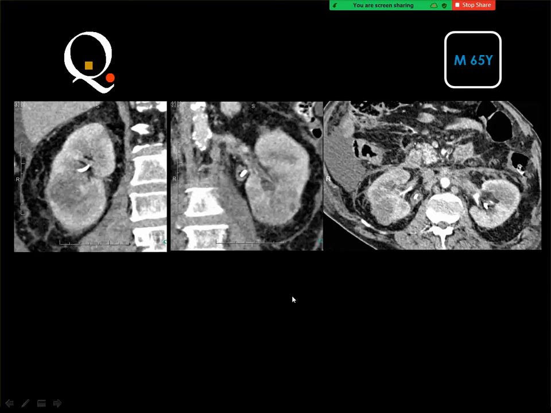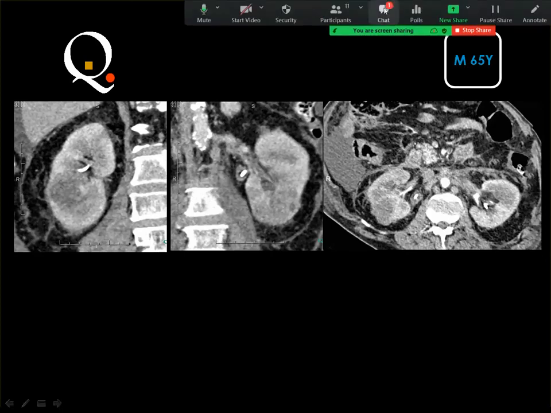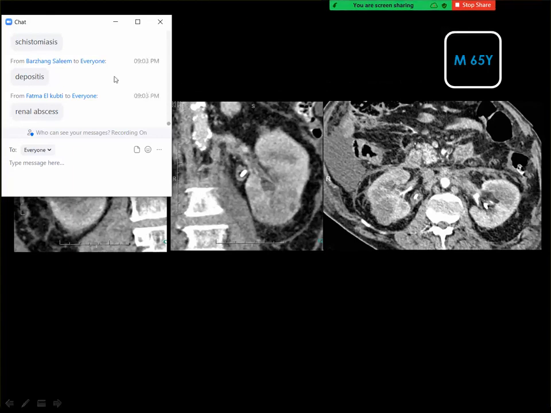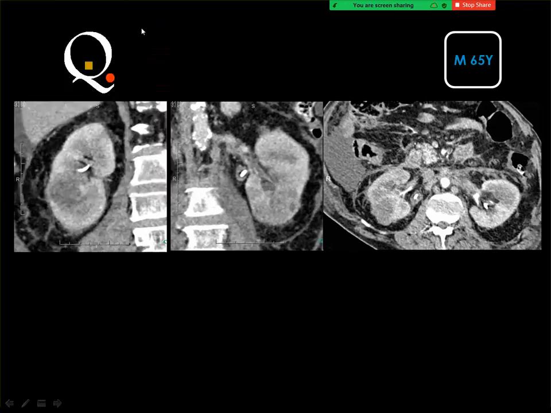Before you jump to the diagnosis of lymphoma, you should think thoroughly of what happens to the perinephric fat, and also whether you can see some lymph nodes in the retroperitoneum, and also you see some ascites, then what do you think? Yes, I congratulate Salim for the diagnosis of deposits.